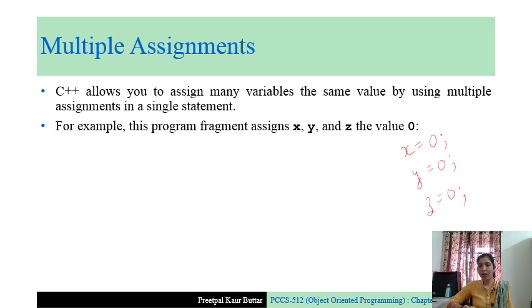But C++ allows you to initialize all these variables to 0 in a single statement: x equal to y equal to z equal to 0. Instead of using three different statements, we are using a single statement to assign the value 0 to all these three variables x, y and z.